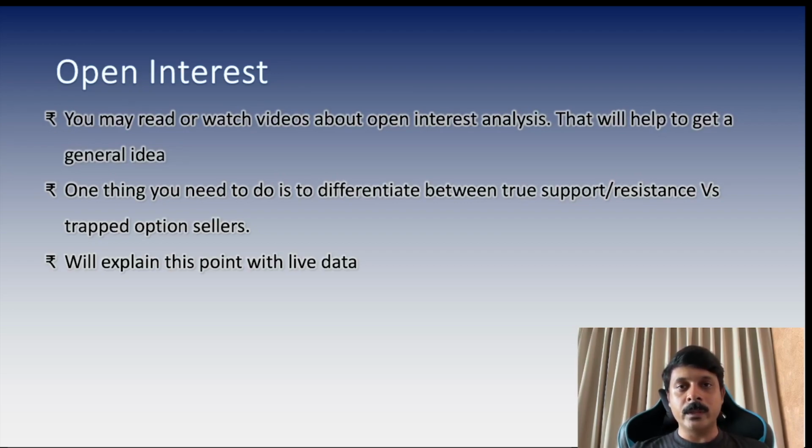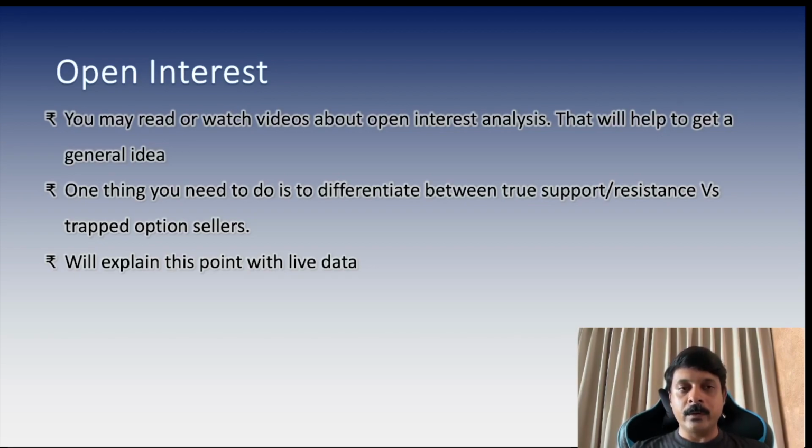If the market is falling, they aggressively write call options. If the market is rising, they aggressively write put options. So if there is excess open interest at one strike price, I don't consider it as a support. But the problem is, when that level gets broken, it can be a little bad.